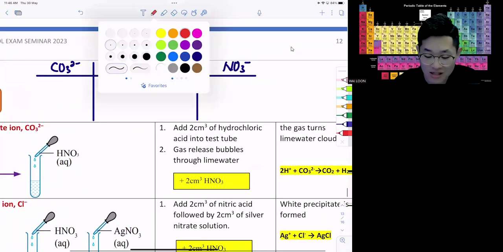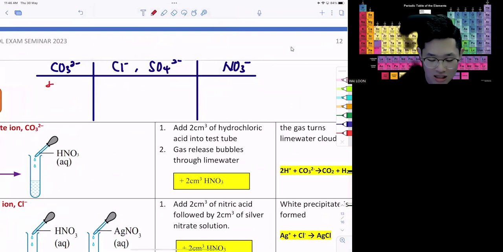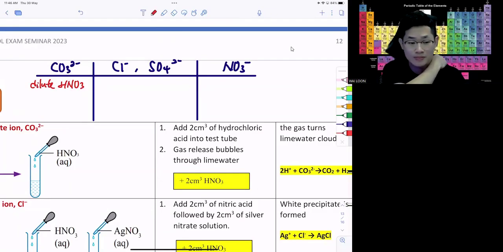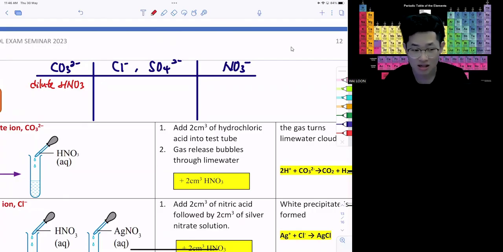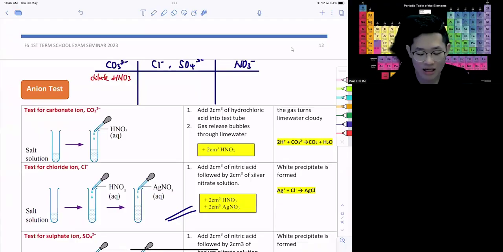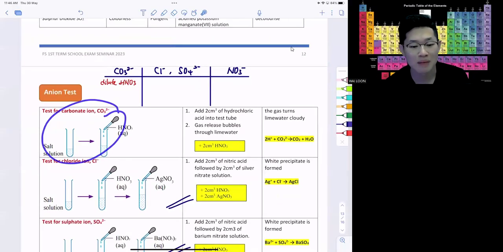So the first substance that we use is nitric acid. Okay, you can also call it dilute nitric acid. Then we can straight away get the result. When we add acid into carbonate ions, they produce bubbles.